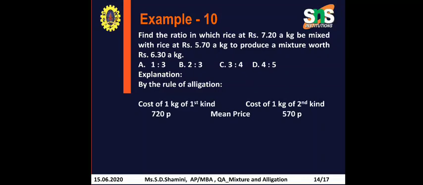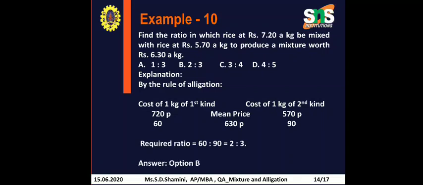This is 720 paise, this is 570 paise. So the mean price is 630 paise, so if you subtract it, you will get 60 at the left and 90 at the right. So the required ratio 60 is to 90, which is 2:3. So the answer is option B, 2:3.